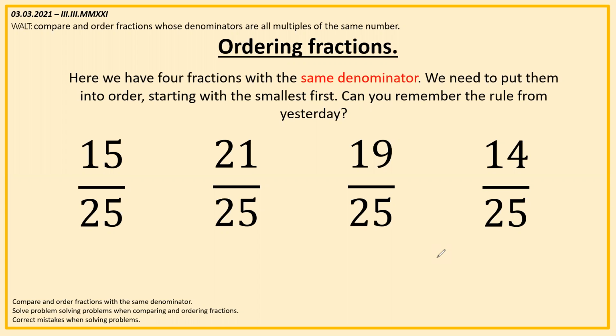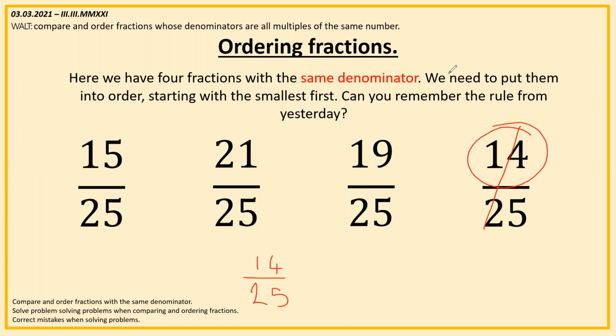So here we've got some larger fractions, or fractions with larger numbers, that are actually smaller fractions. We have got the denominator of 25 here. Now again, they're all 25, so we are going to be looking at the numerator to help us put them in order. So again, we just need to see which is the smallest numerator, and here that is 14. So we start with 14/25.